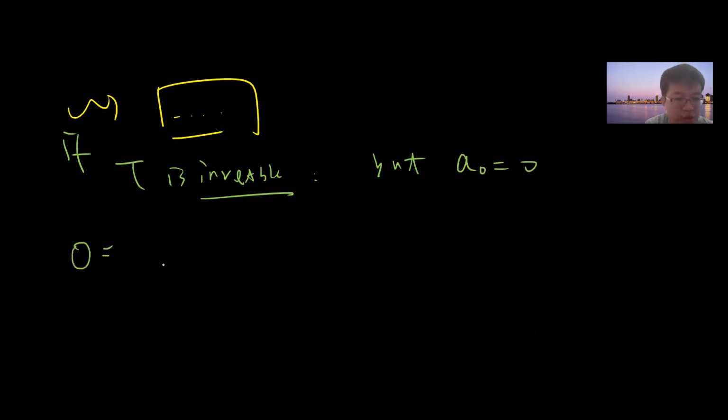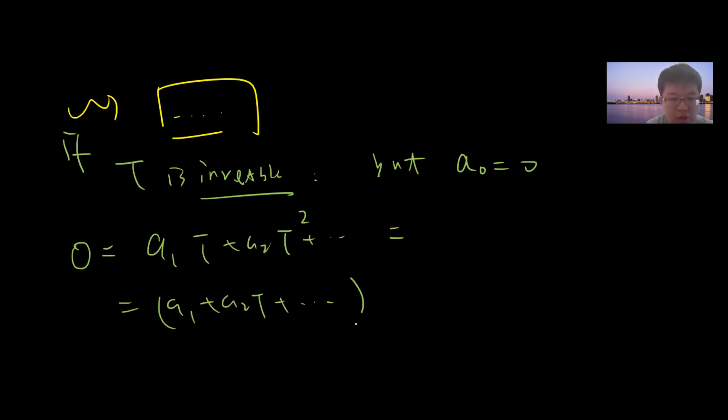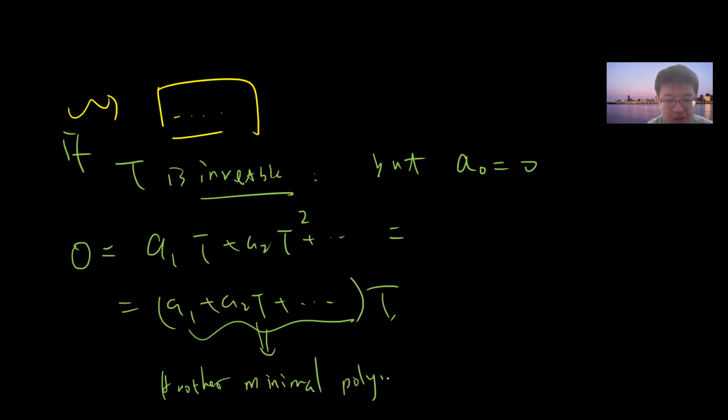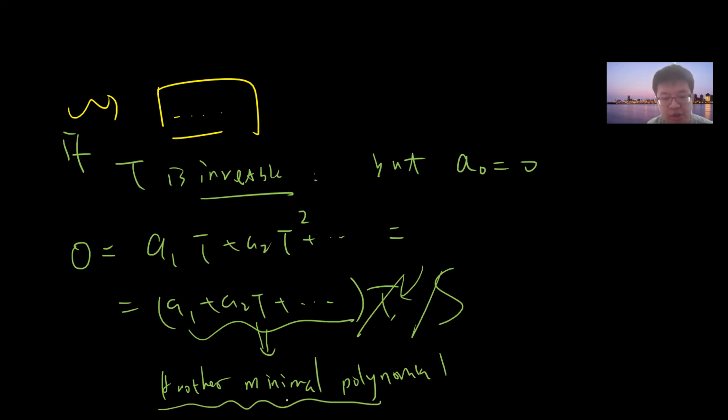Then we get 0 equals a_1 T + a_2 T squared and so on, basically T times (a_1 + a_2 T + ... up to T^{k-1}). But now this is another minimum polynomial, because I can multiply by S from this side and cancel with this T. So now we get another polynomial of degree k minus 1.